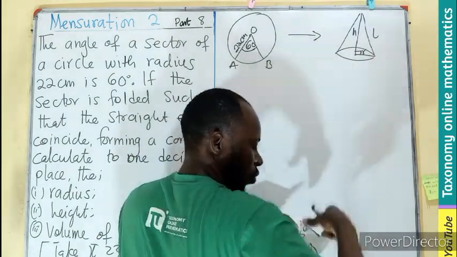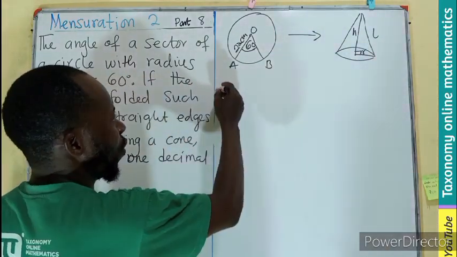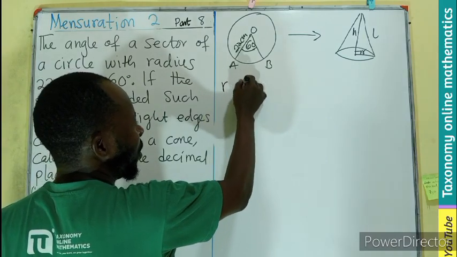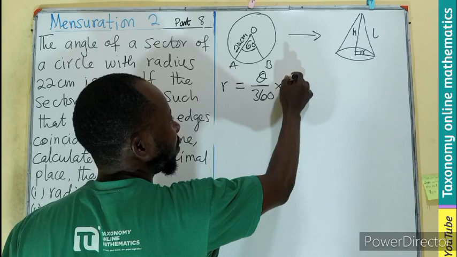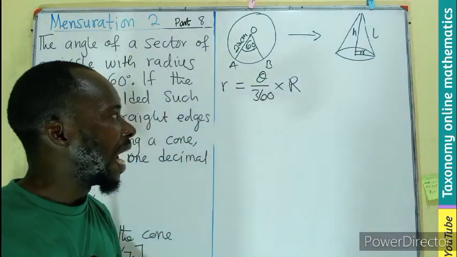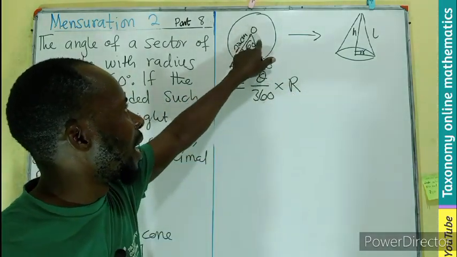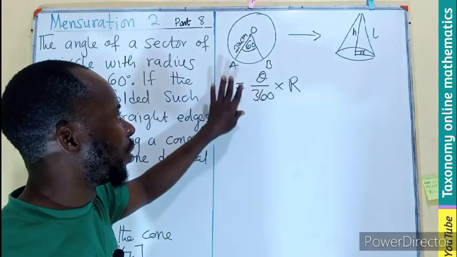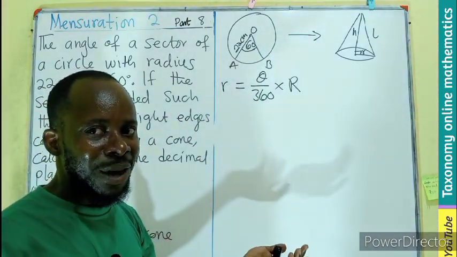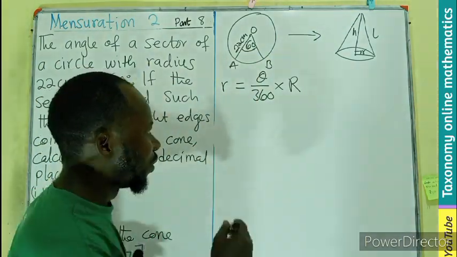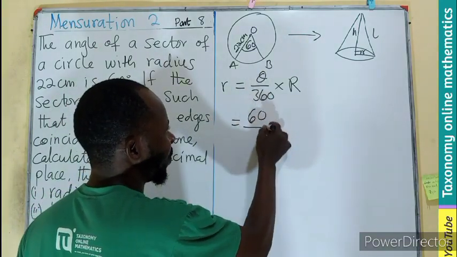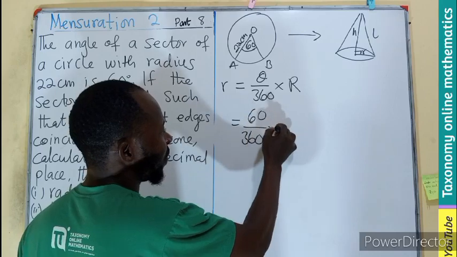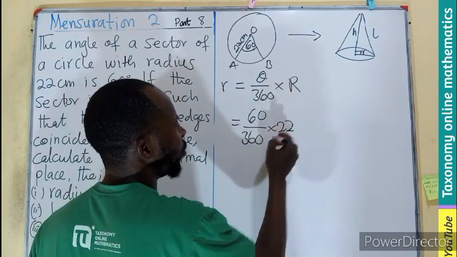of the base. So if you follow us, we know your r will be equal to theta over 360 times R, where this R is the radius of the sector. How we developed all these things has been dealt with in the previous episode. So I only do substitution: angle 60 degrees, 360, 22.